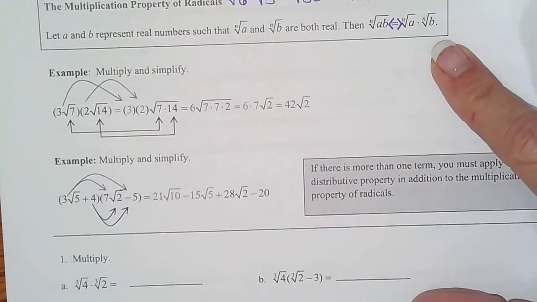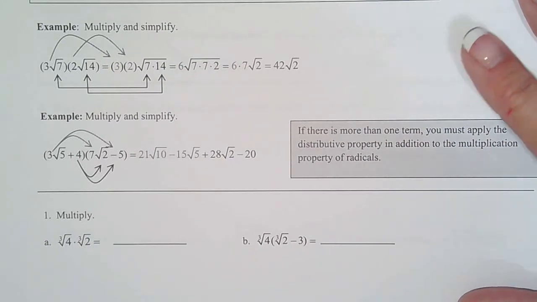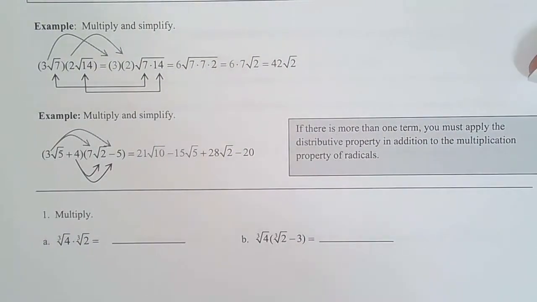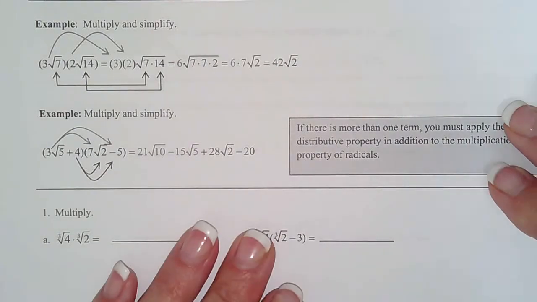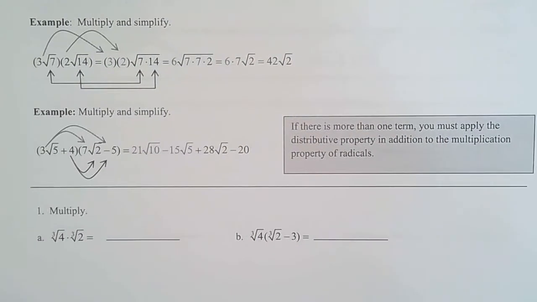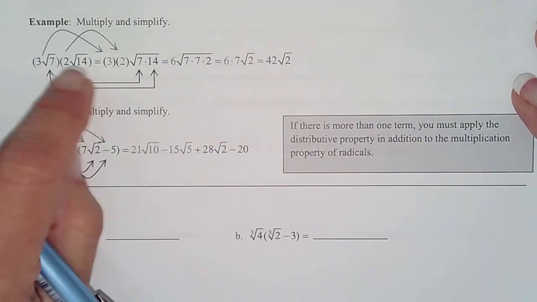So some of our multiplication in this section is going to be distributive property. Some of it is just going to be multiplying two factors, and some is going to be foiling. So here's a couple examples just to get you acquainted with the process. So this is one term times one term.